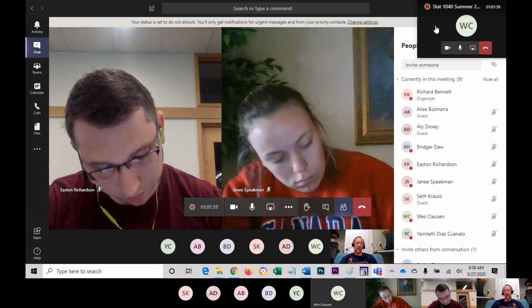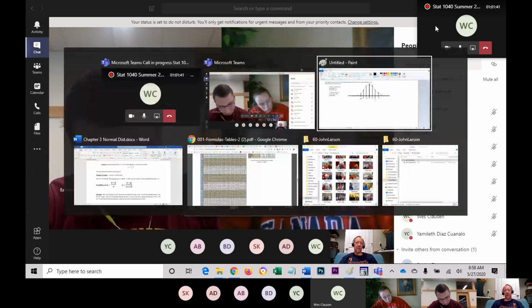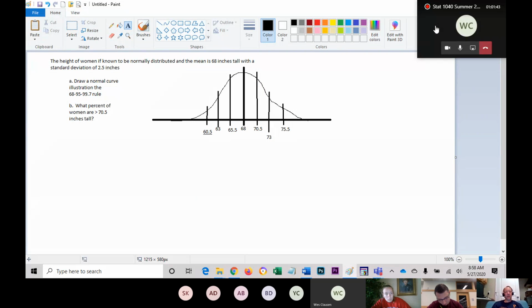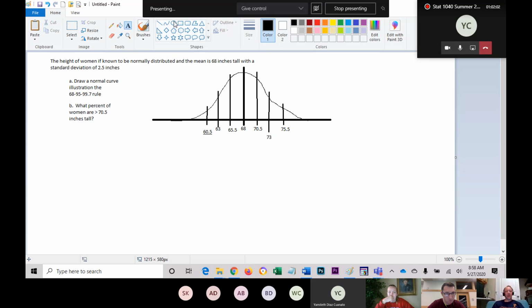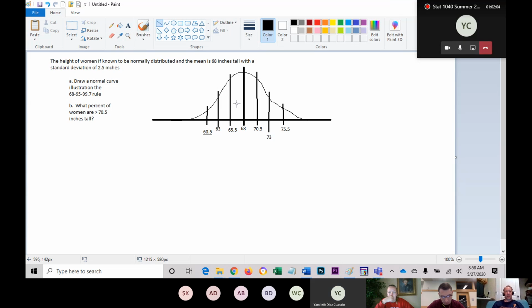But Yami, can you answer that question? So we're assuming 68 is 50%. So above that of 70.5, is it 84%? Okay, you remember that from the last problem. Very good. Here we're going to pick a different color though.